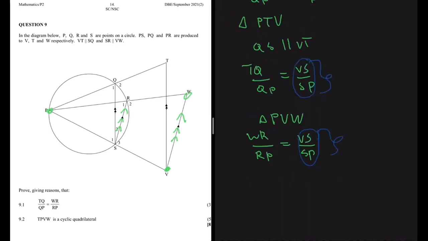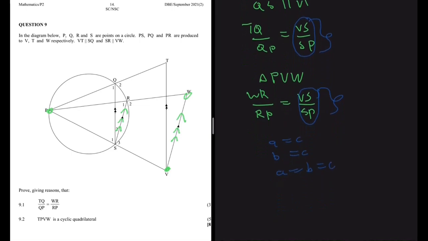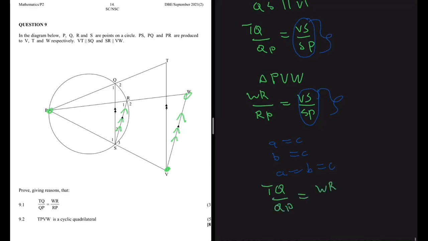We know fully well that if A is equal to C and B is also equal to C, then A and B are equal to each other because they are all equal to C. So if we apply the same idea here, we're now saying that TQ divided by QP is equal to WR divided by RP. Why are we saying that? They are all equal to VS divided by SP, and we have proved what we are required to prove.